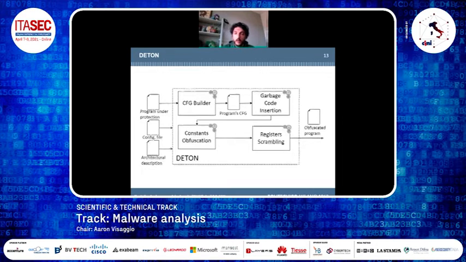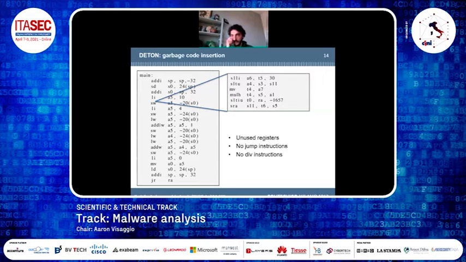Going a little bit into the details of the techniques we implemented, by garbage code insertion we mean that we just add garbage instructions, so useless instructions, at random points within our code. On the left, you have a very simple example of a program that reads two variables and calculates the sum of the two variables.